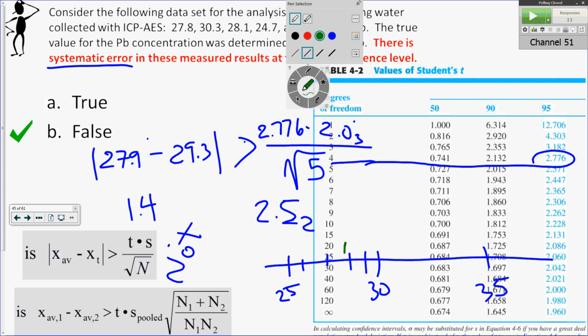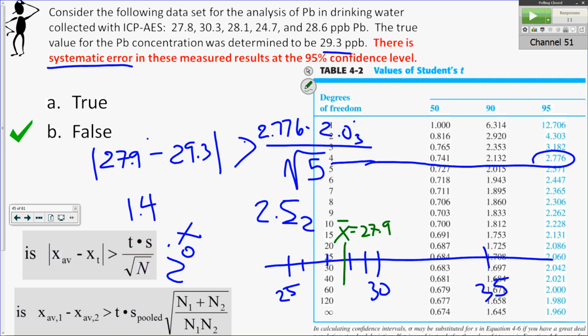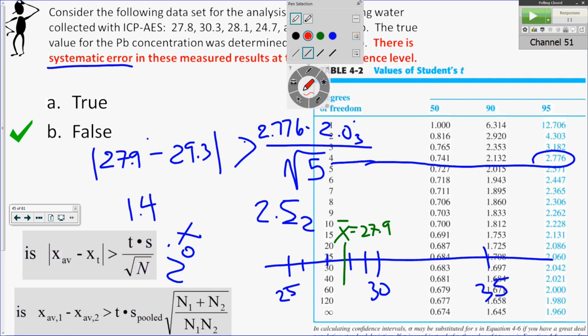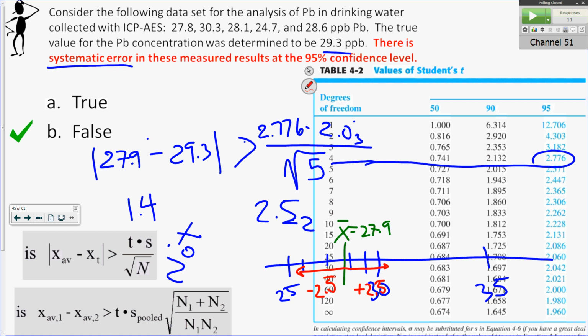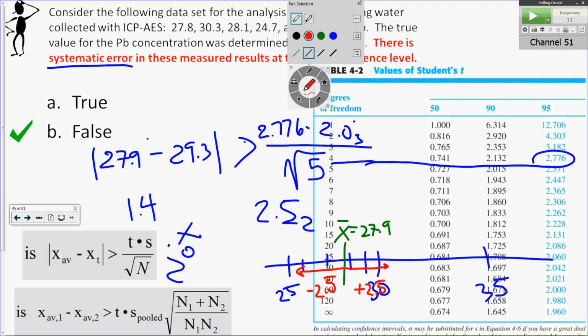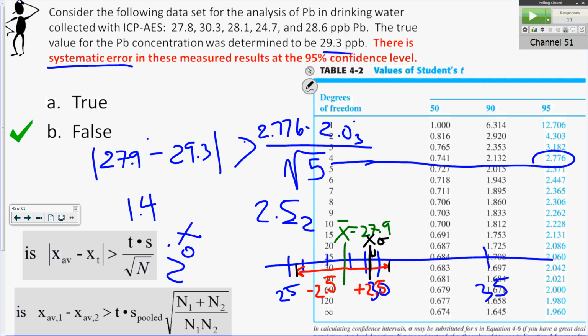This is my average, 27.9, and there's a confidence interval around it, 2.5. So the confidence interval that surrounds it goes out 2.5 in each direction, plus 2.5 and minus 2.5. And my true value for this set falls in that window, at less than 30. It's 29 something. So this is X true. Since the true value falls within my window of the confidence interval, that means there's not a systematic error.